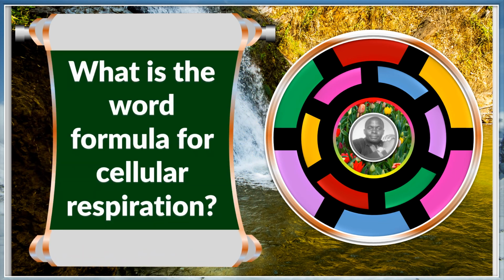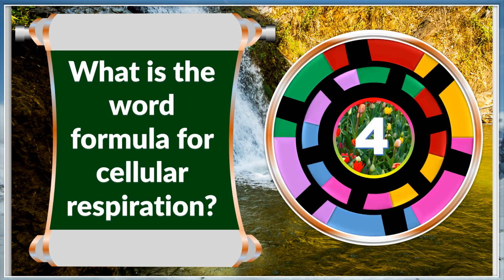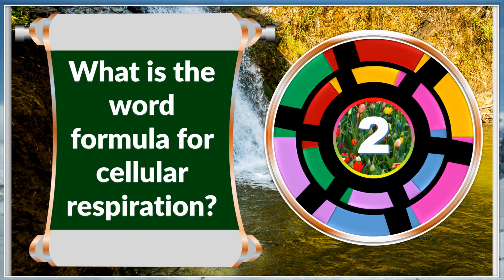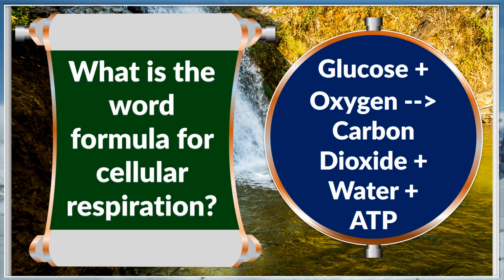What is the word formula for cellular respiration? Glucose plus oxygen giving carbon dioxide plus water plus ATP.